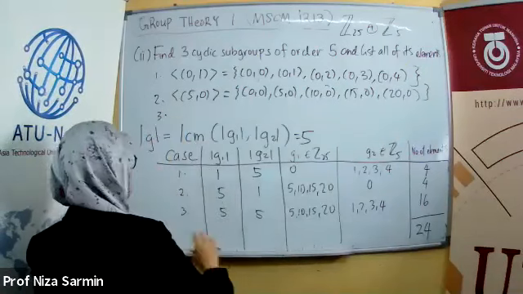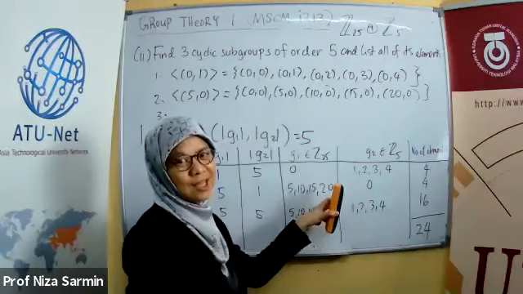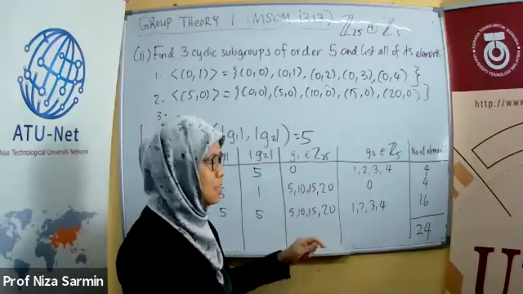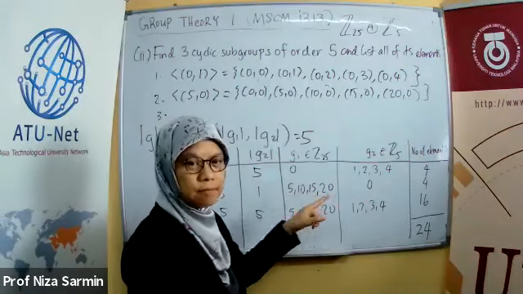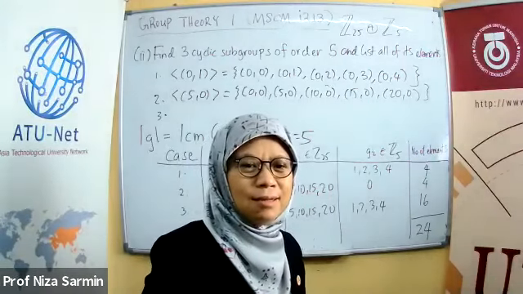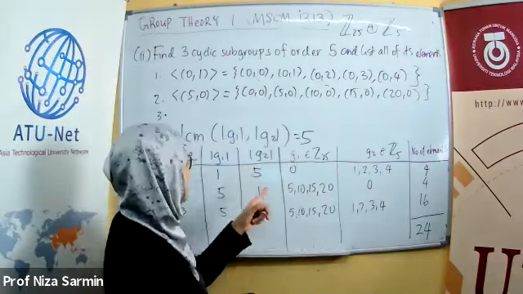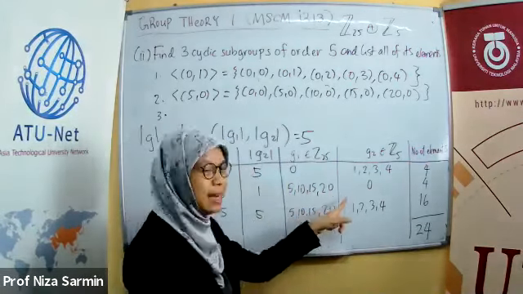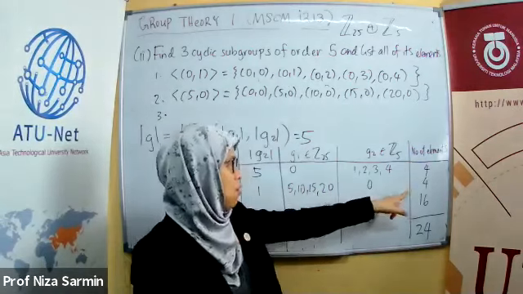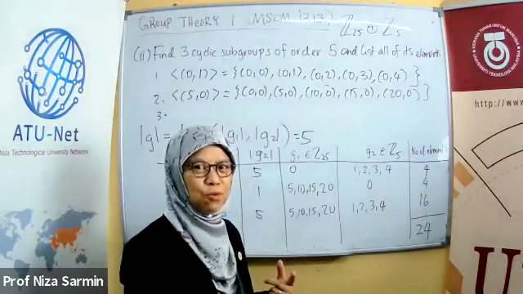The third one, you can pick 20. Okay, you can pick any of this. Am I still inside? Suddenly, I don't see anyone. Okay, you can pick any of the 4, but they will generate the same cyclic subgroup.